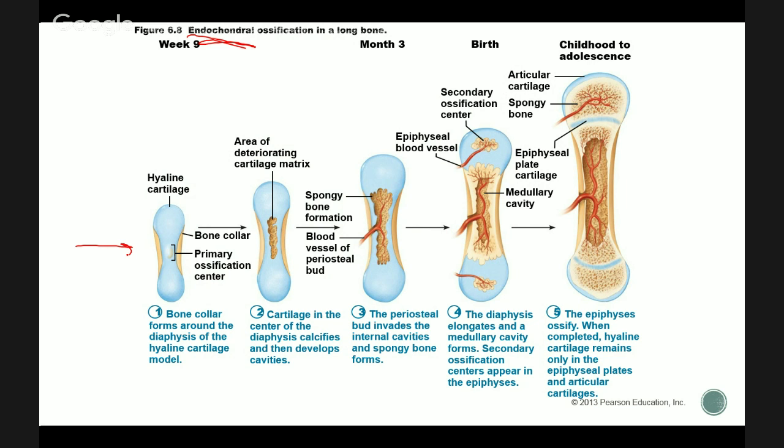So what you start off with here in fetal development, well, actually the end of embryonic, by the time you reach the fetal stage of development, you already have your skeleton in place. Mostly cartilaginous, but I digress.